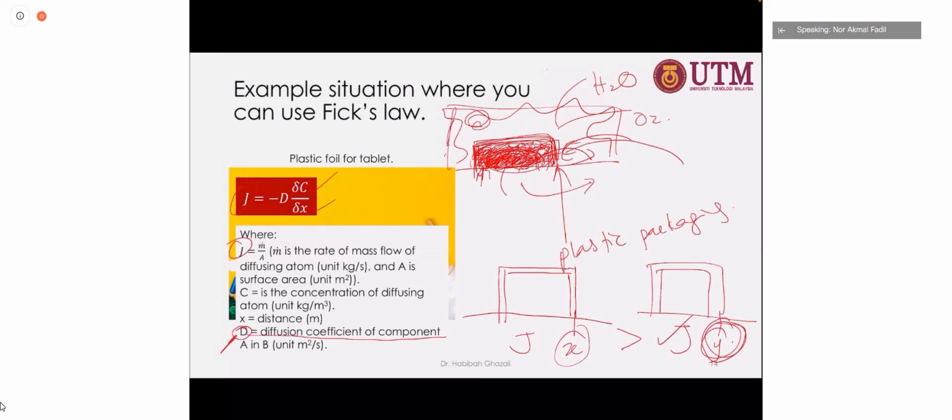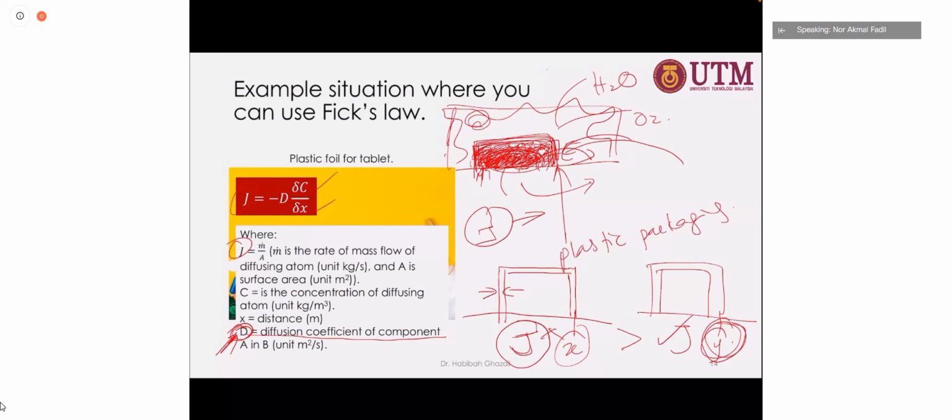If we introduce materials, we need to calculate the J. X is the thickness of this packaging. So as an engineer, you can suggest the thickness and the material. You need to know the D, and you can calculate the J, whether the J follows the standard set by the Ministry of Health.